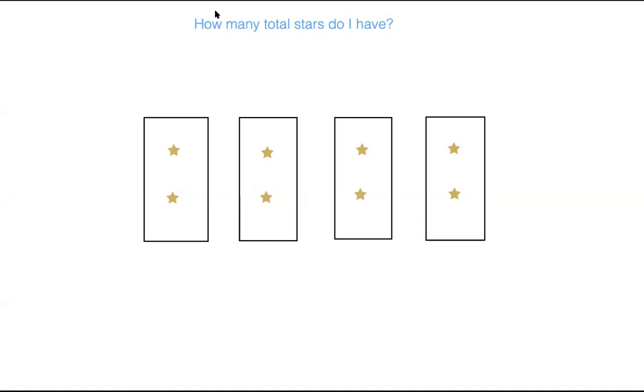Okay, so when I look at this picture, one math equation that comes to my head is to simply add the stars all together. So we see that there's 2 stars in here, another 2 stars in here, another 2 stars in this box, and another 2 stars in this last box. And we can simply add it.